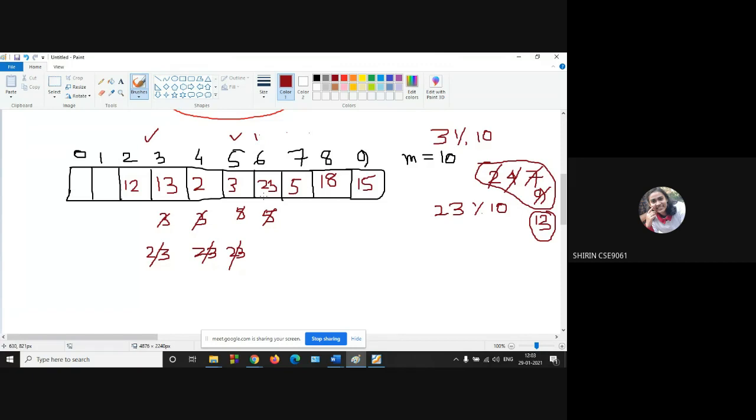Okay, sir, got it. So this is the final resultant hash table. Any query? Please clarify.